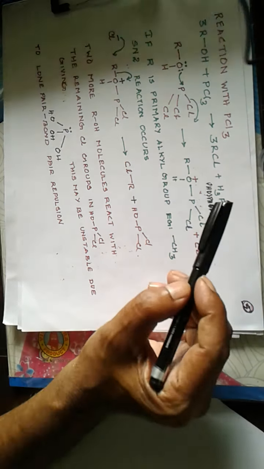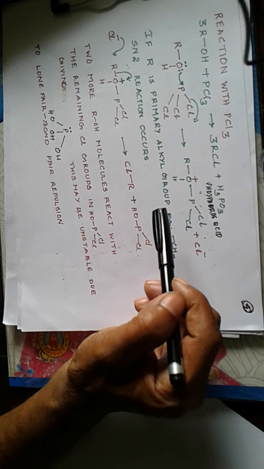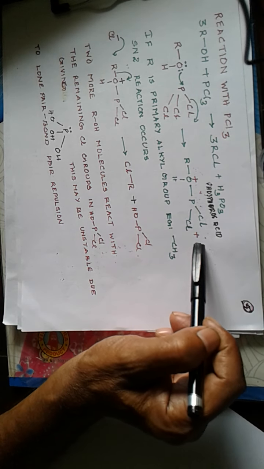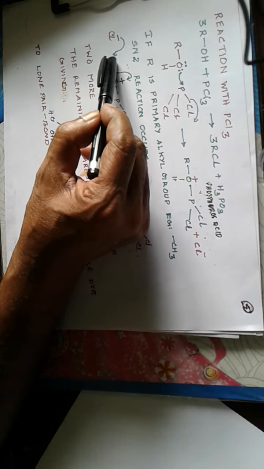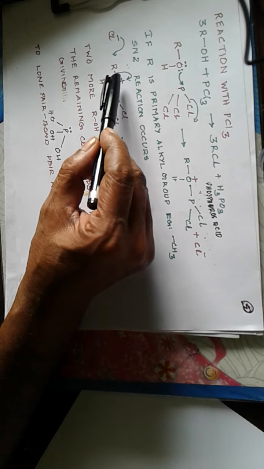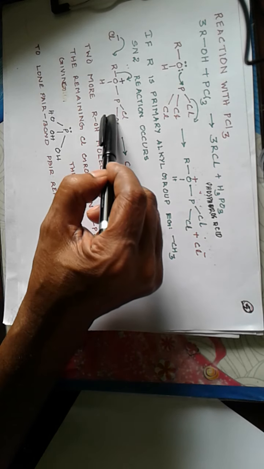Now if R is a primary alkyl group, for example methyl, an SN2 reaction occurs, that is the chloride ion freed here will be attacking R from the back side, the alkyl group is attacked from the back side, and this as a whole forms the leaving group.